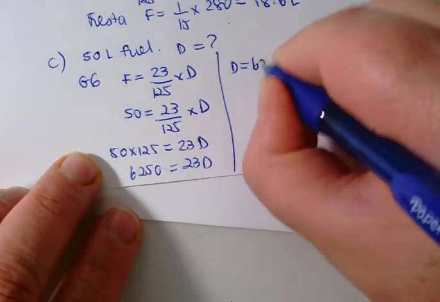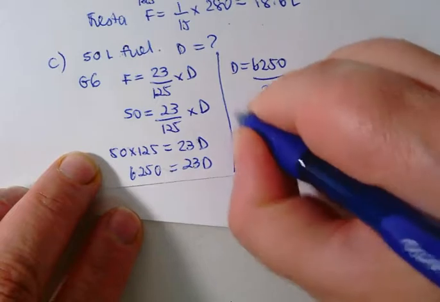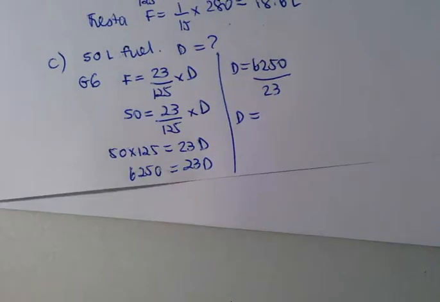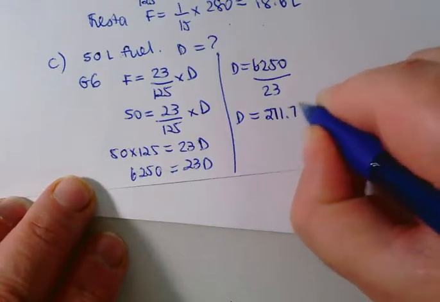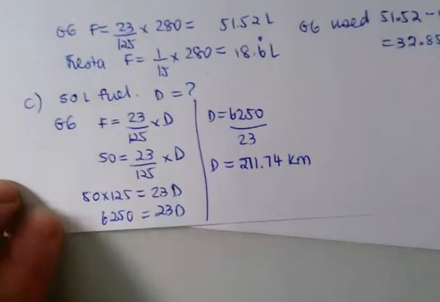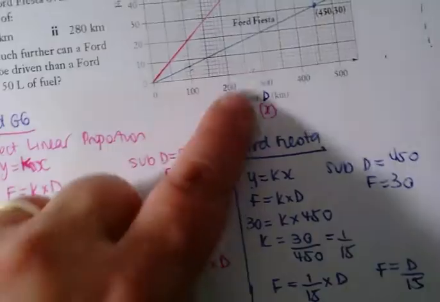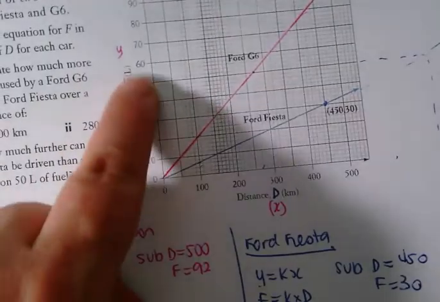Which means that D is 6,250 divided by 23, which is 271.74 kilometres.